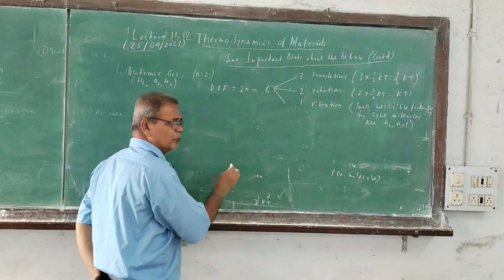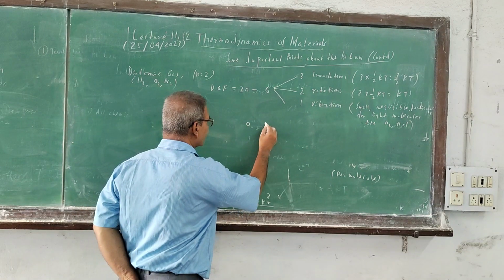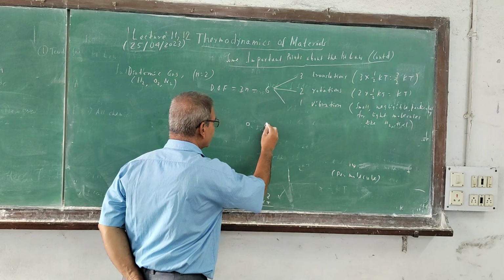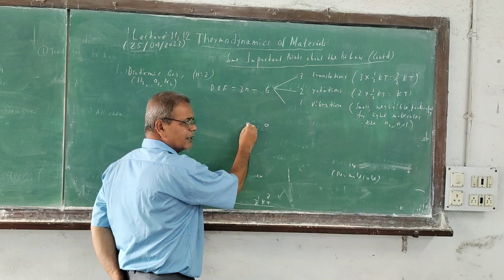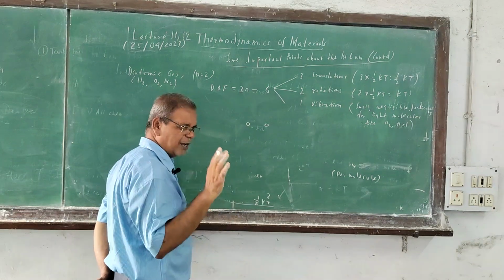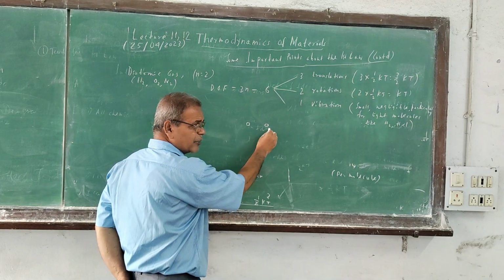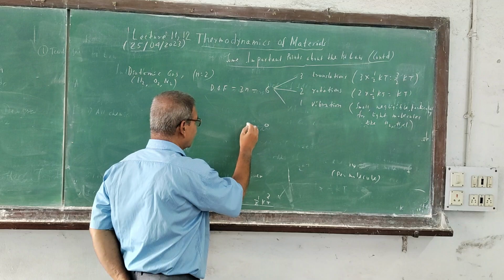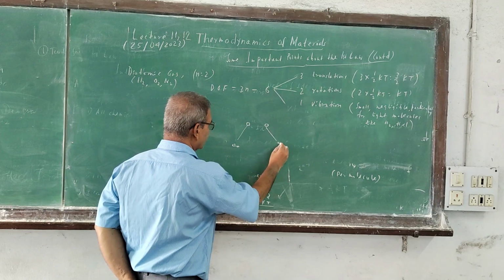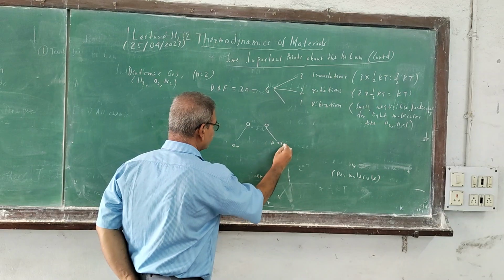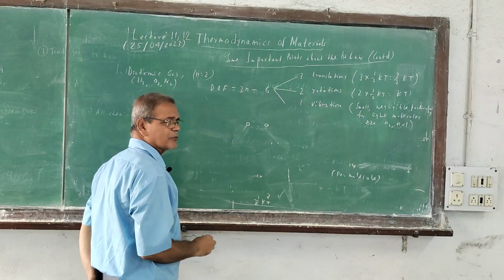Now, I will show you how it is happening. This is 1 molecule, hydrogen, say. 2 atoms. Now see independently this. 1 hydrogen atom, 2 hydrogen atoms.